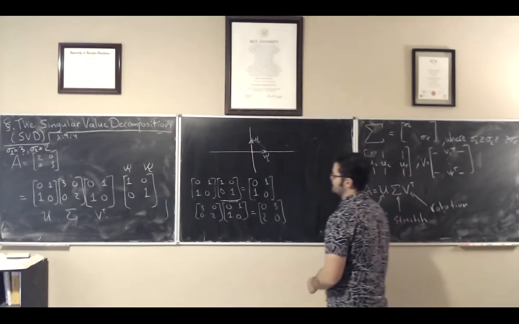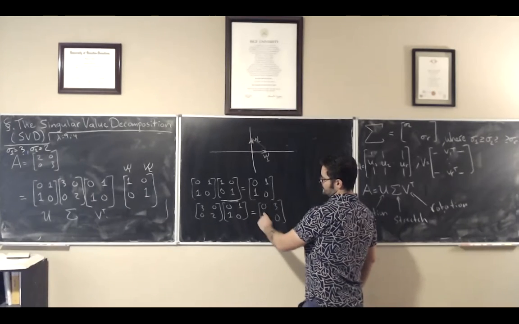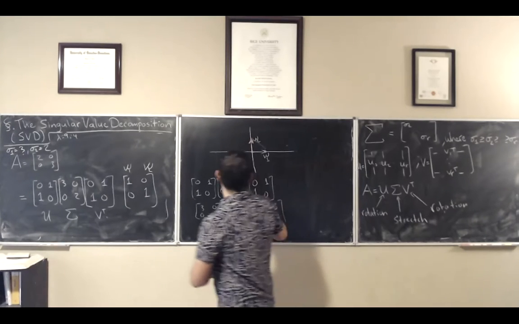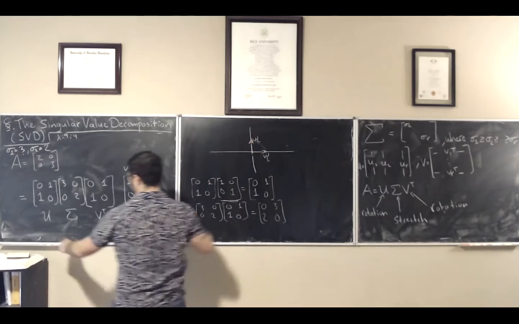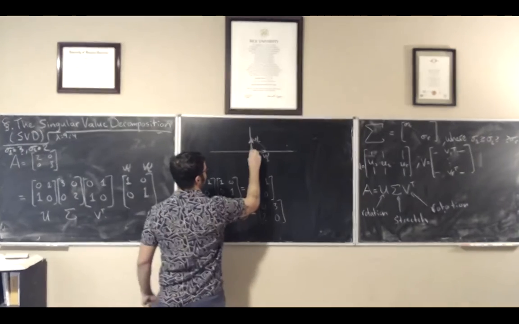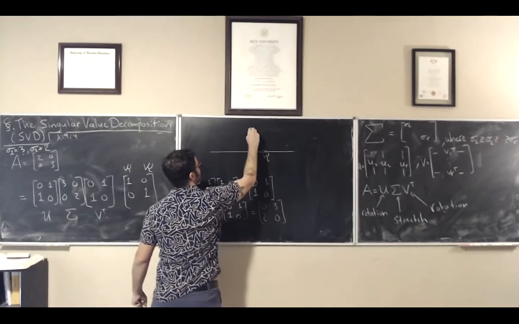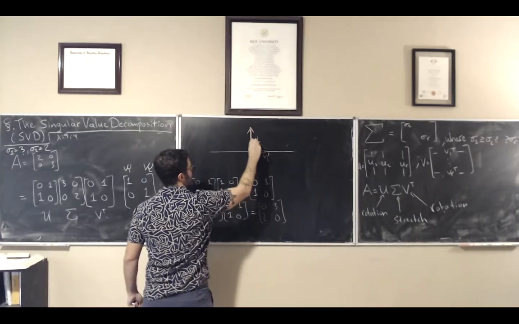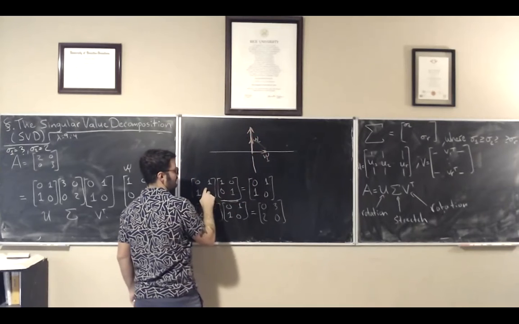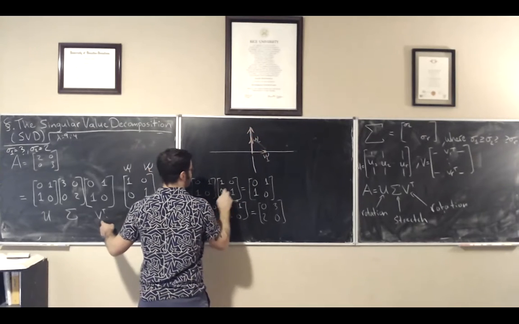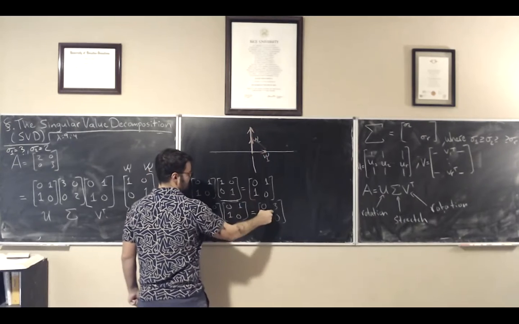So notice now that W1 is being stretched by 2. So W1 moved there, and now it's being stretched out. And W2 rotated there by the V, and then was stretched by 3.